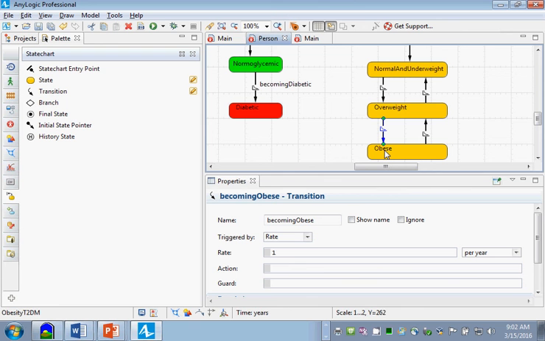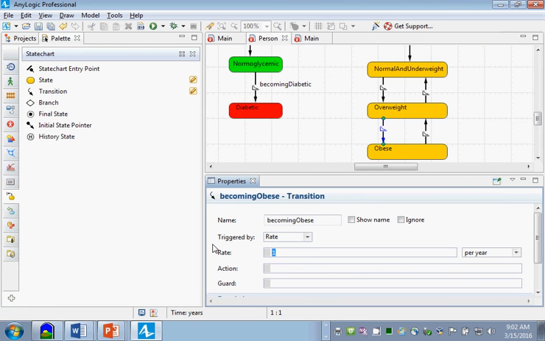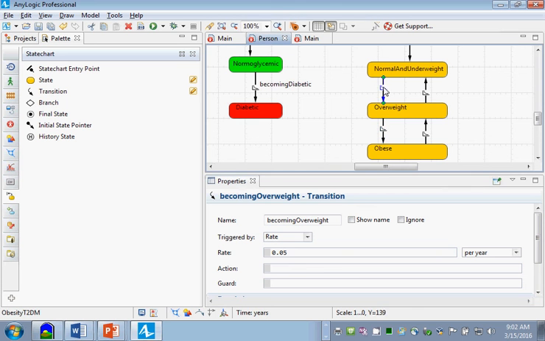And overweight to obese, we're going to use 0.03. So here 0.05, normal and underweight, becoming overweight. For overweight to obese, 0.03.